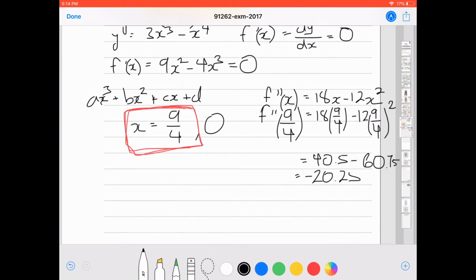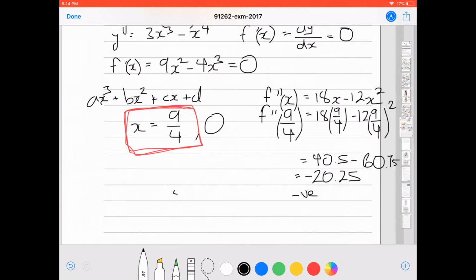Okay, and what does this actually tell us? Well, the specific values don't really matter. We're looking for whether the second derivative is positive or negative. And here, the second derivative, minus 20.25, is negative. We can say that.